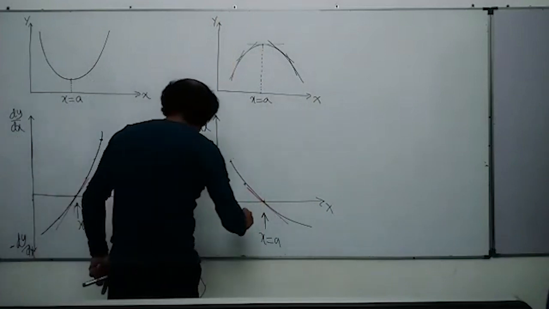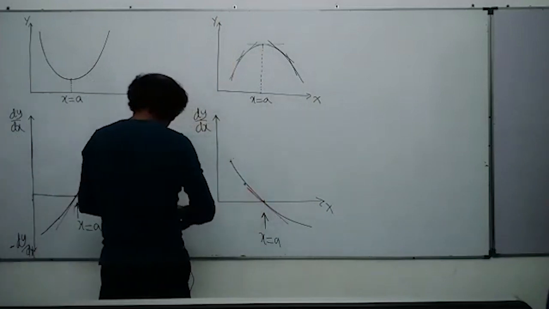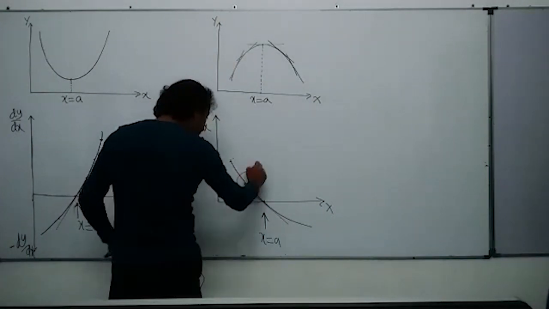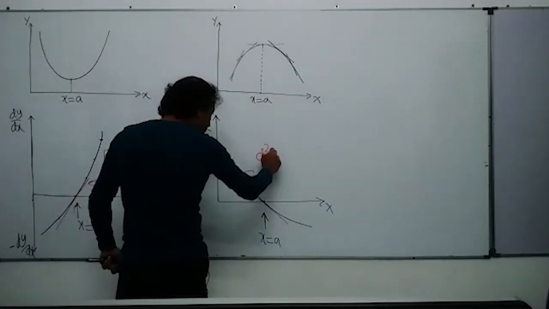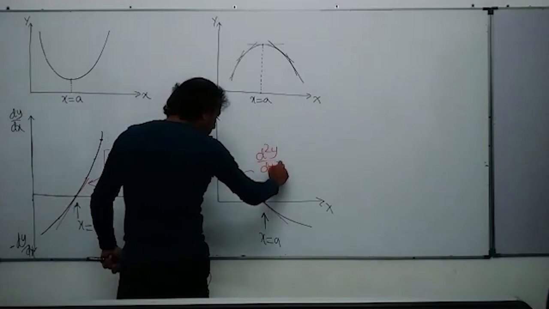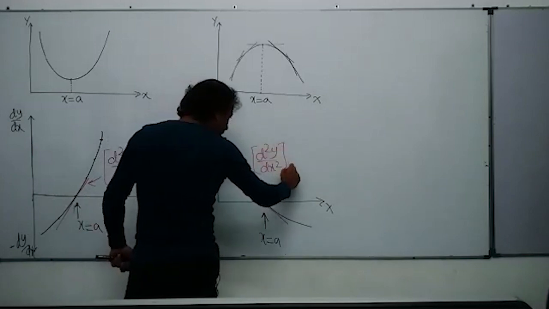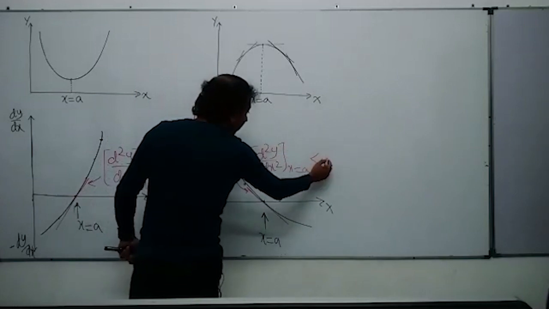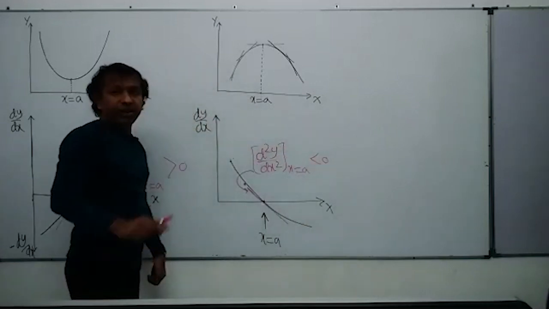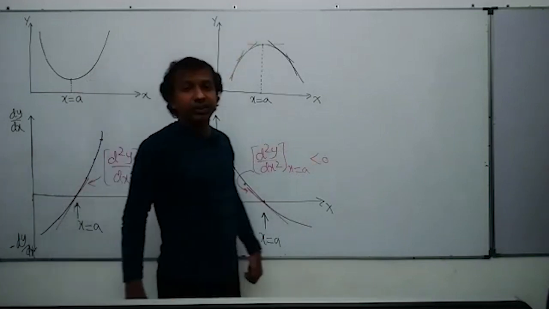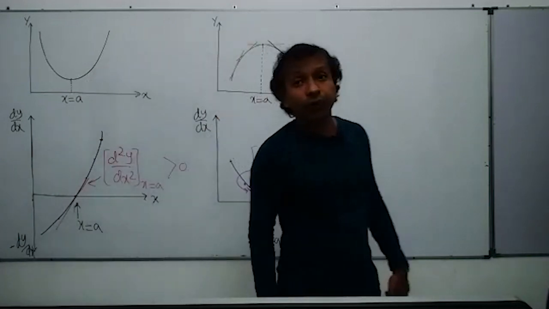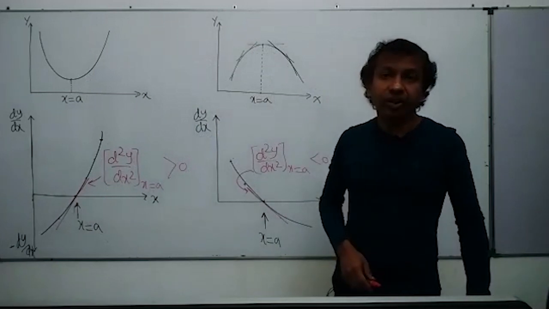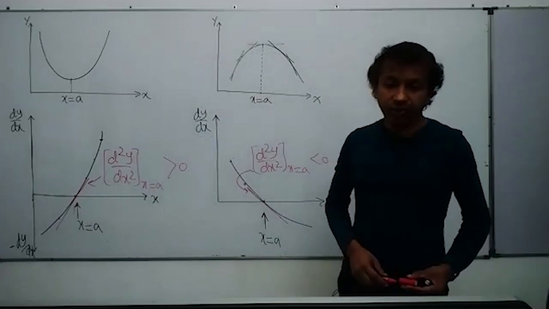So d2y upon dx2 at x equals a is negative. So therefore, by this we identify that when there is a maximum point or maxima at a given x value, definitely there the second derivative is negative. Okay, right.